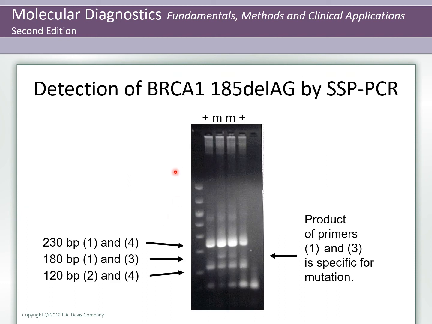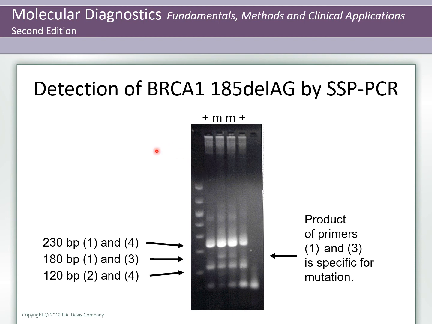This figure provides an example of a multiplexed SSP PCR in which the mutation in the BRCA1 gene is detected by an allele-specific primer that ends at the mutation.